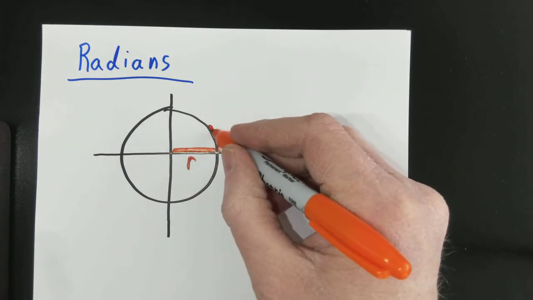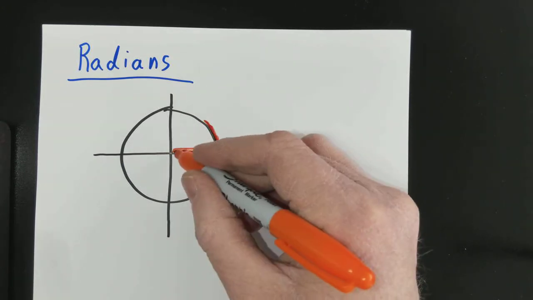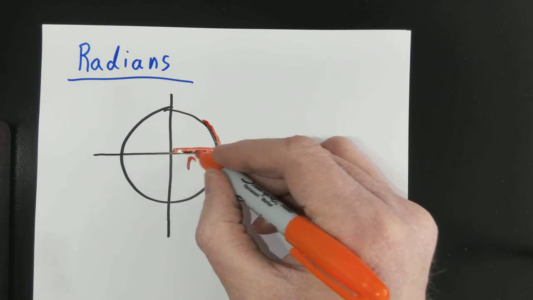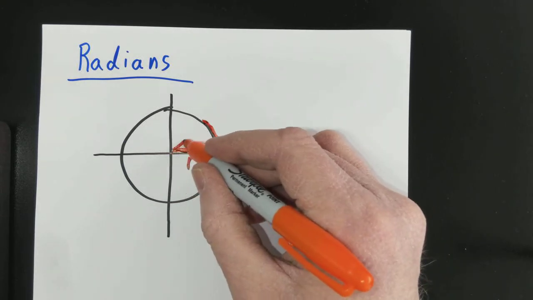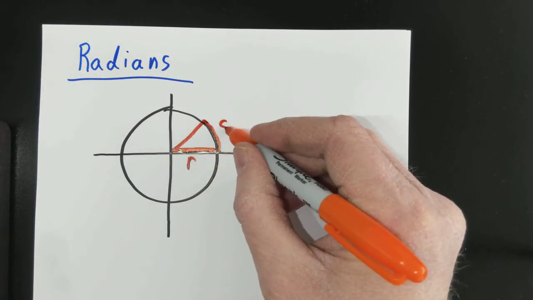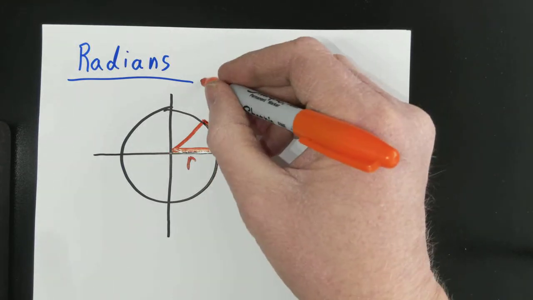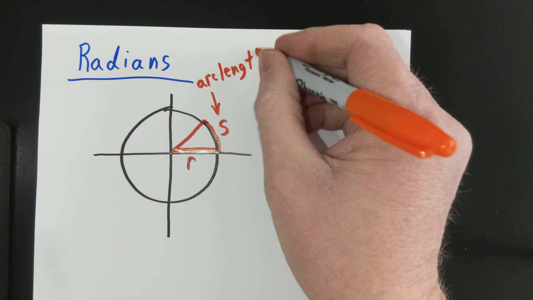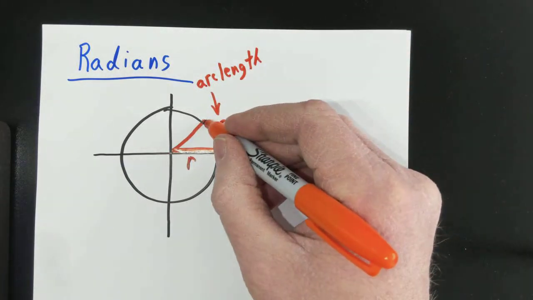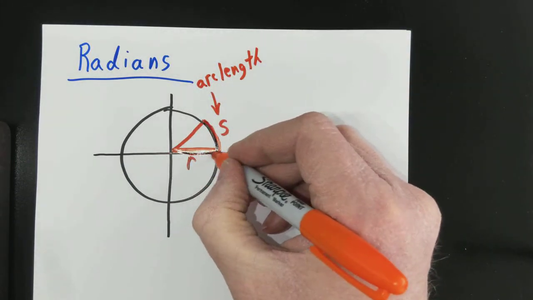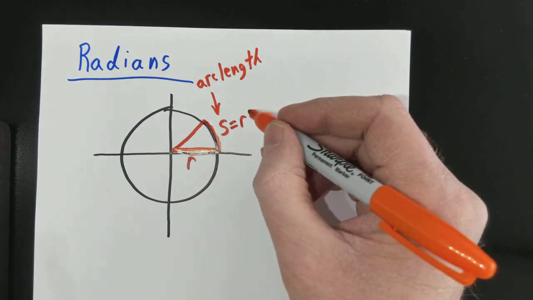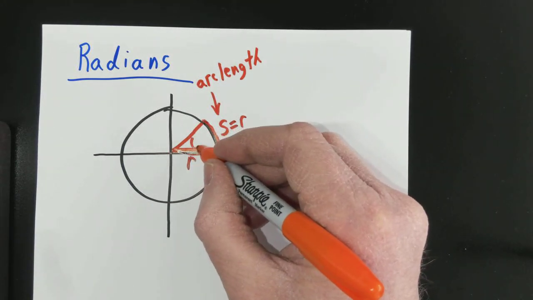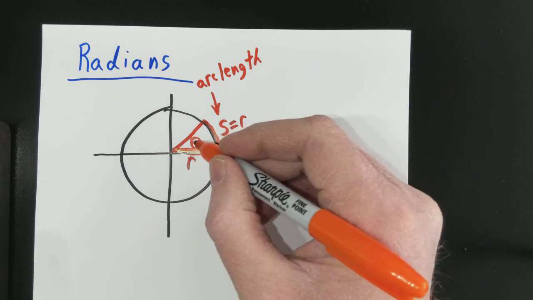You know it's curved, right? But if that distance that it's curved is the same distance as the radius, s, that is our common variable we use for arc length. If s is the same as that radius, s equals r, then I put a little theta, the Greek letter theta.